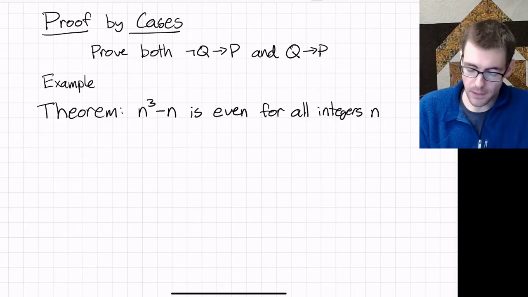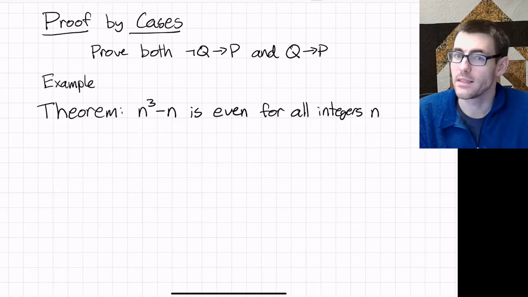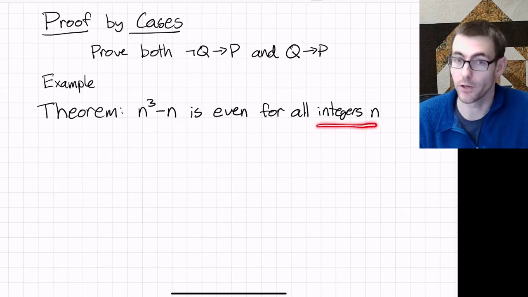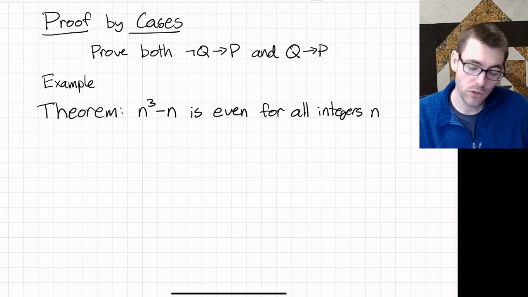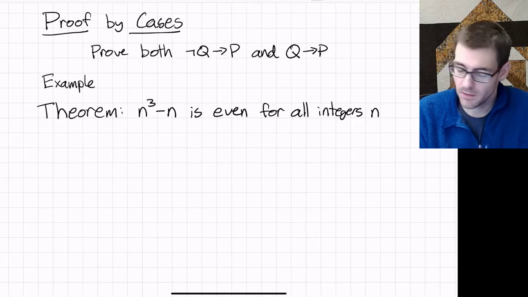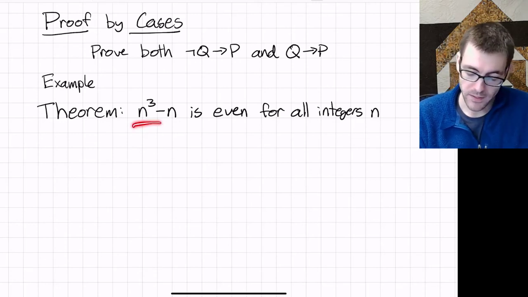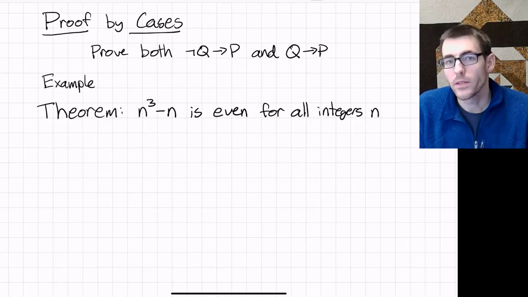So the theorem that we're proving here is that n cubed minus n is always even for any integer n. And we can play around with this. If we plugged in 2, we get 8 minus 2, 6 is even. If we plug in 3, 27 minus 3, 24 is even, and we could keep going with this.